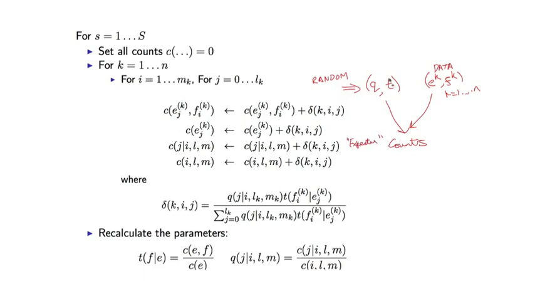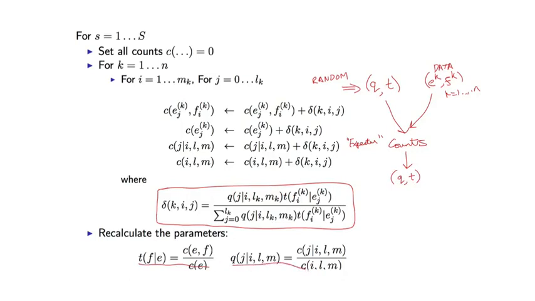And they're expected counts under this previous model, under the previous Q and T values. And we do that by using this definition of delta, which makes direct use of Q and T at the previous iteration, and we calculate the counts. From this, we calculate new values for the Q and T variables using these simple expressions down here. So that's the first iteration.